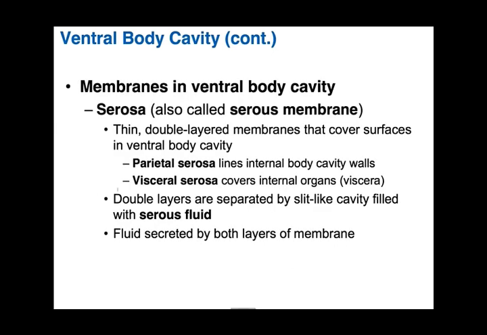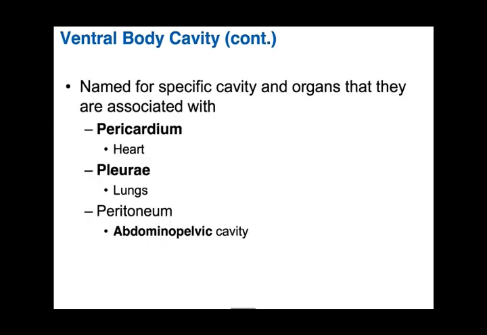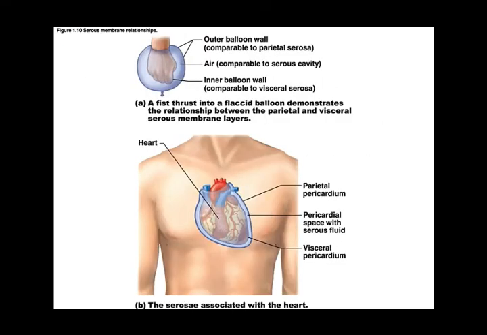Now, when we're talking about the common cavity, we said that it is a serosa, or a fluid-filled hollow structure, and it can also be named after the organs which it surrounds. As we already discussed, the pericardial cavity is the cavity which surrounds the heart, and the pleural cavity, or pleurae, is generally surrounding the lungs.